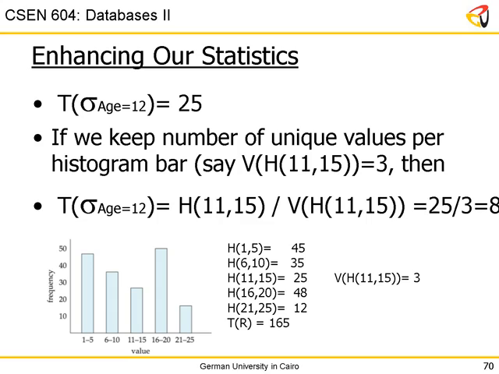It's going to be 1 over the number of unique values in this histogram bar, V of H 11, 15, or 1 over 3, multiplied by the total number of values in this specific histogram, which is H 11, 15. So it's going to be 1 over 3 multiplied by 25. And that means you have on average 8 rows in the result set if your query is select star from or age equal to 12.